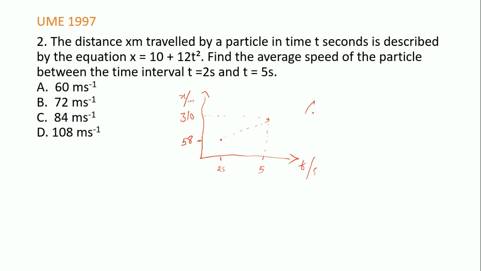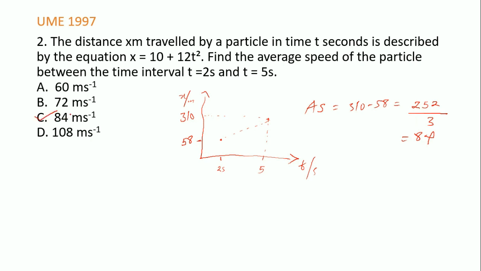Therefore, the average speed is going to be 310 minus 58, which will be 252, divided by 3. So 252 divided by 3: 3 in 25, that will be in 24, which is going to be 8. Then in this, that will be 84. So we will be having 84 meters per second.